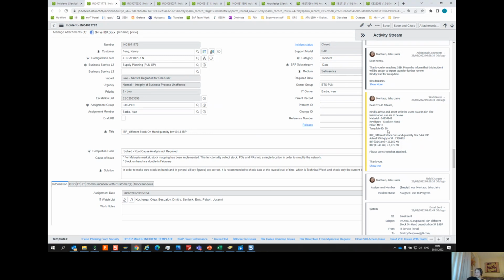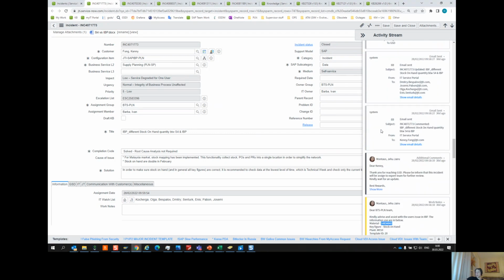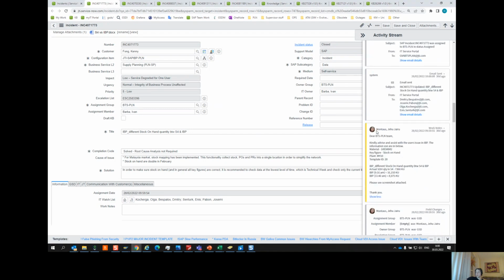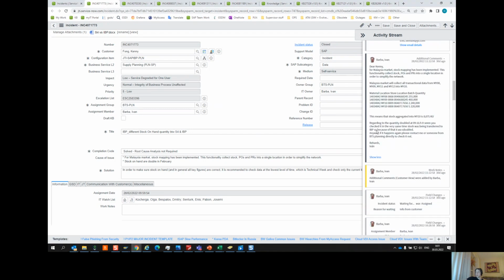Then the template ID is great. The material number is great. If we are talking not about materials, but about planning units, you need the name of the planning unit. But usually on the supply stage, everything is disaggregated to specific material IDs, so you need to get the numbers of materials. When you have collected as much information as possible, you just escalate to BTS and it's totally fine.